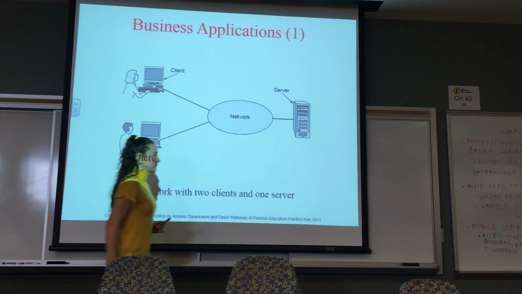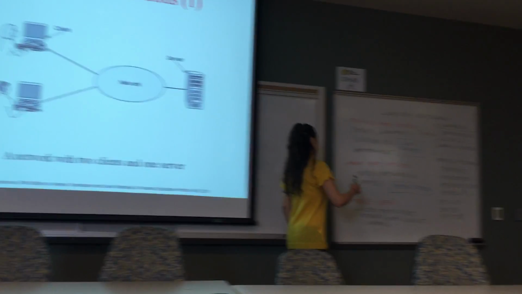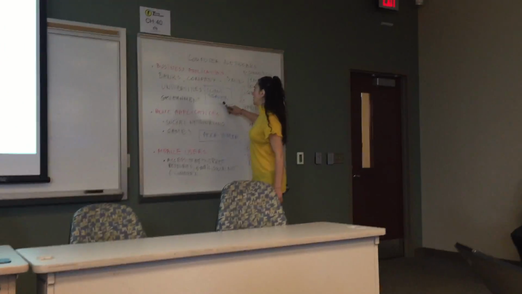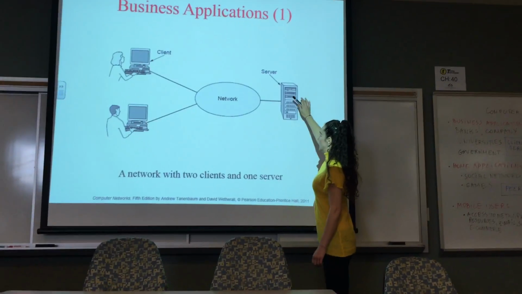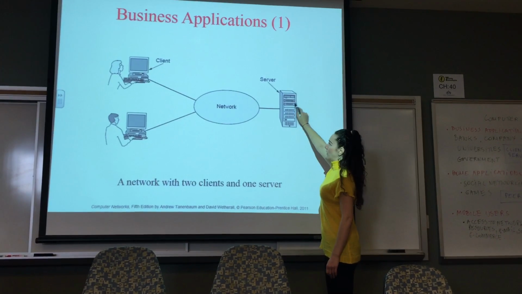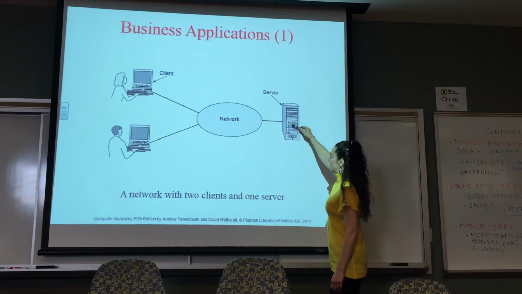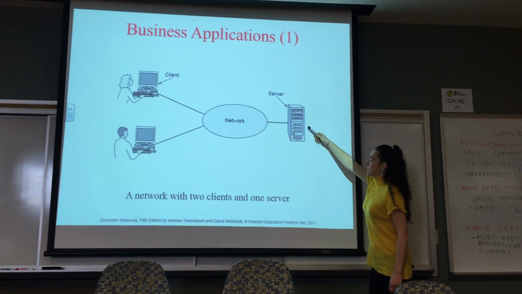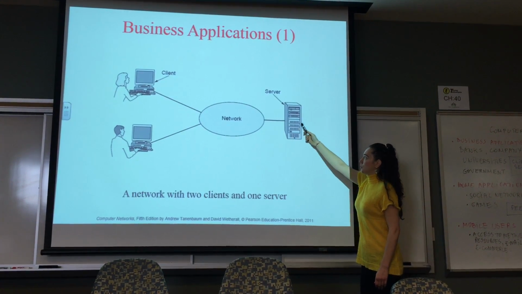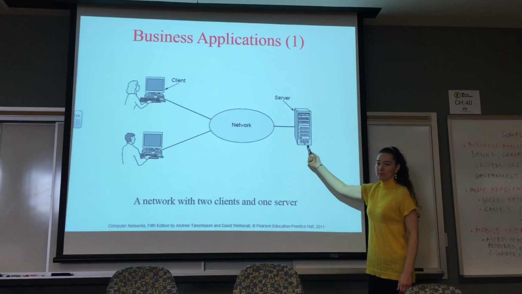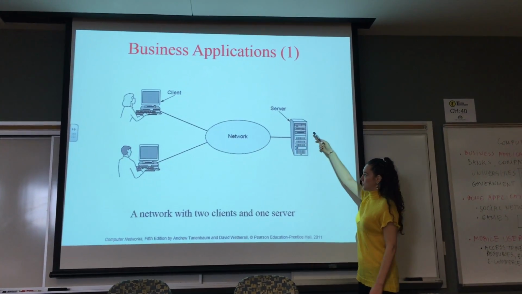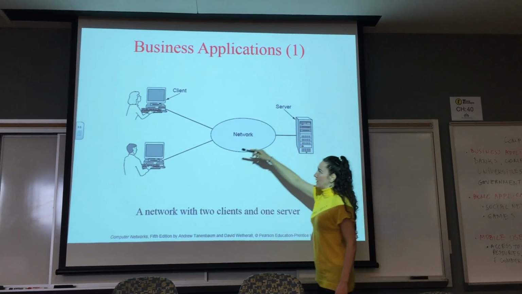So we'll go over this one more time. The business applications, the model that they used was the client-server model. So we have a server that is always sitting there listening, waiting for requests to be served. Example, this is a web server, for example, so it hosts a bunch of web content, such as websites, pictures, images, videos, and things like that, that the clients can request.